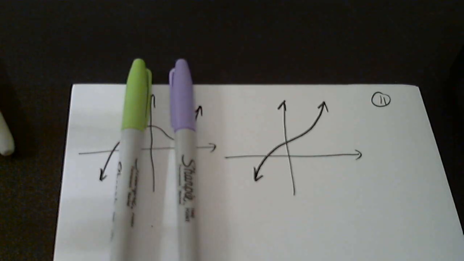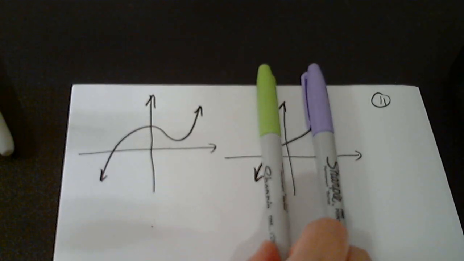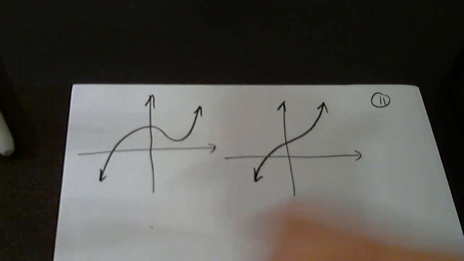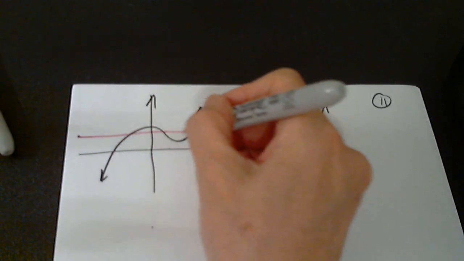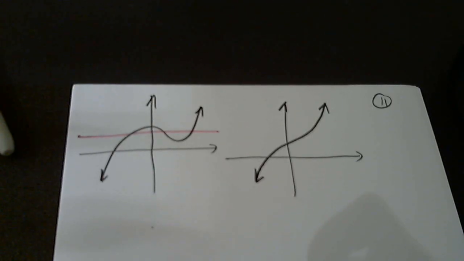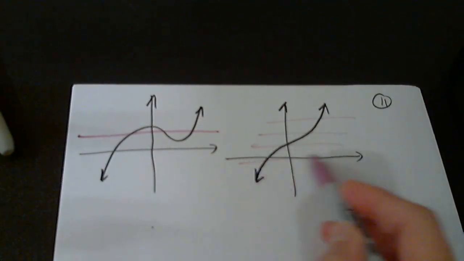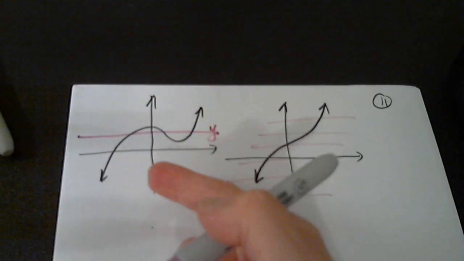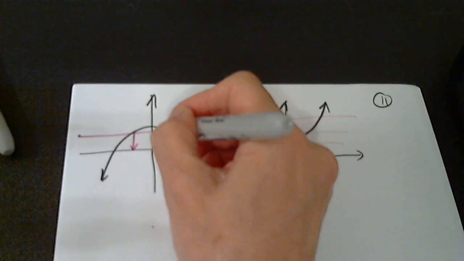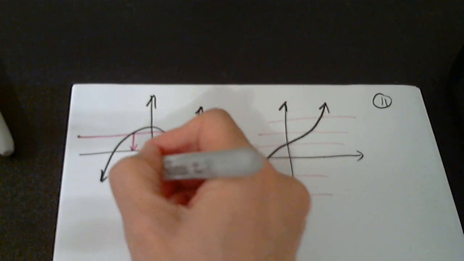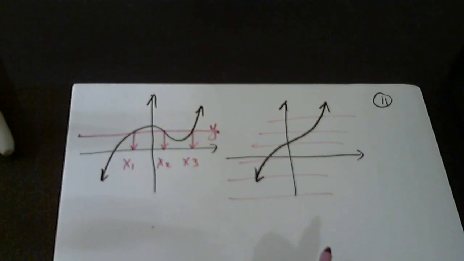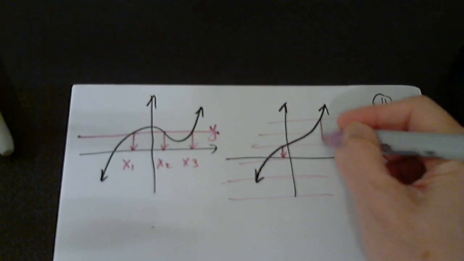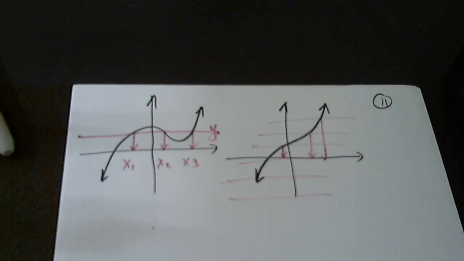For every x value, I read only one value. The same thing here. The difference between these two is this. If I cut the function with a horizontal line, for a particular y value, in this case, I read three x values. I read x1, I read x2, and I read x3. Here, for every y value, I only read one x value. One x value for every horizontal line.